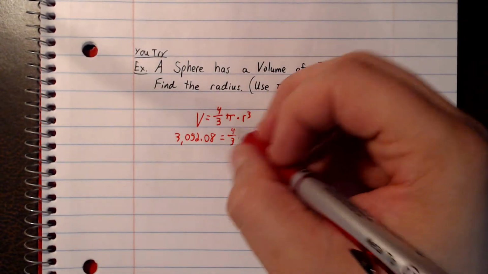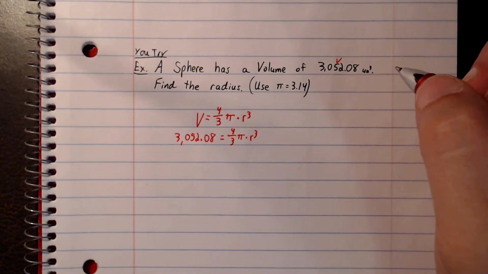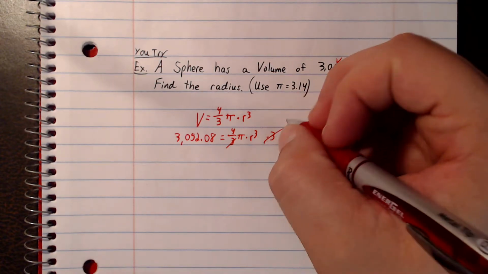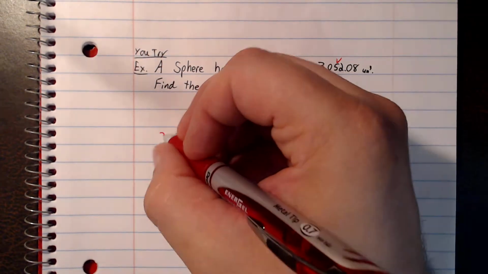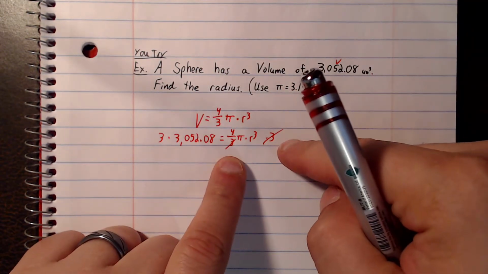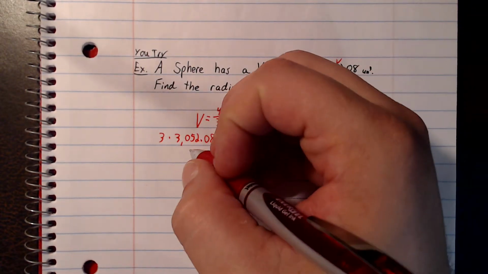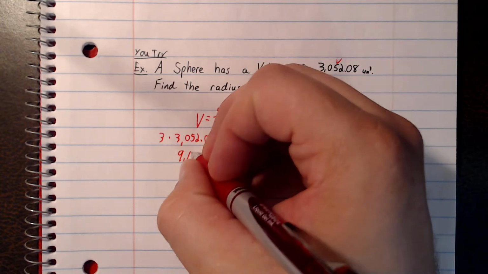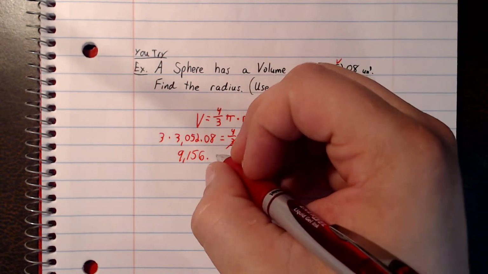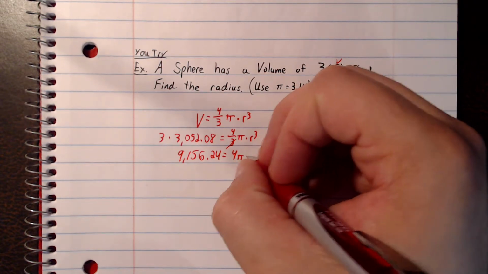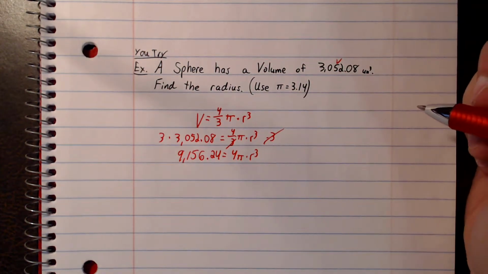So let's take care of all of this stuff, right? First of all, if we multiply by 3 here and multiply by 3, that gets rid of the dividing by 3 here, right? That 4/3 multiplied by 3. That problem is solved.